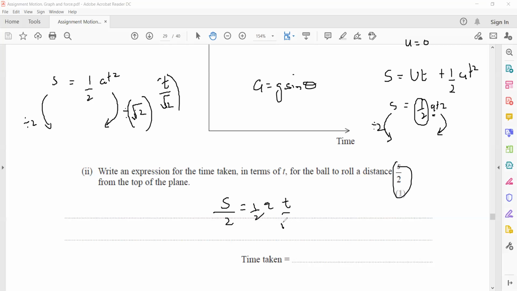So if the time becomes t by square root of 2, squared, it will become half a t square by 2, because the square root of 2 cancels with the square. You can see the whole fraction will become half. So the time taken will be t, the total time, divided by square root of 2. Is it clear?